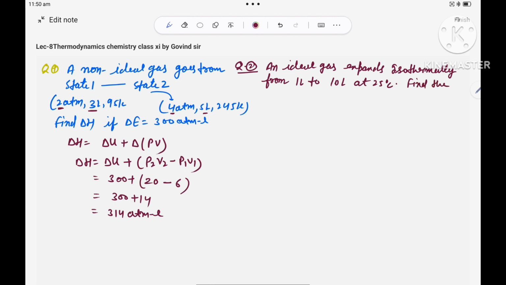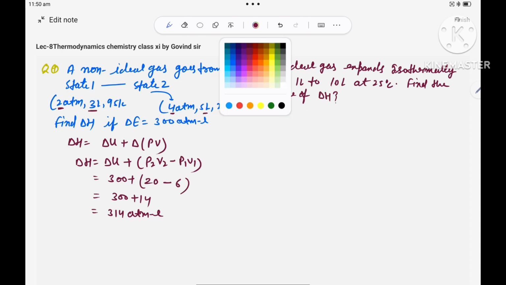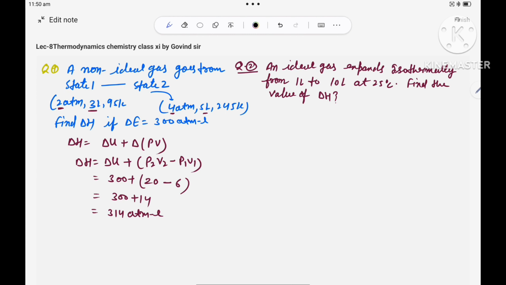Find the value of enthalpy change delta H. Four options are given: A is minus 7 kilojoule, B is plus 7 kilojoule, C is minus 44 by 3 kilojoule, and D is 0.